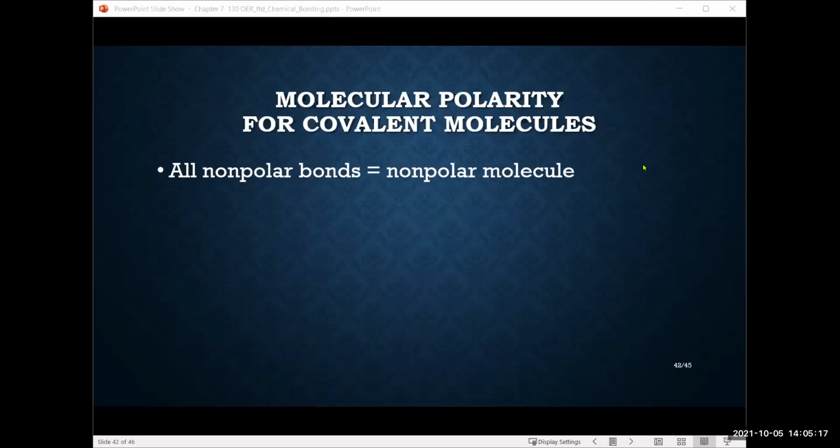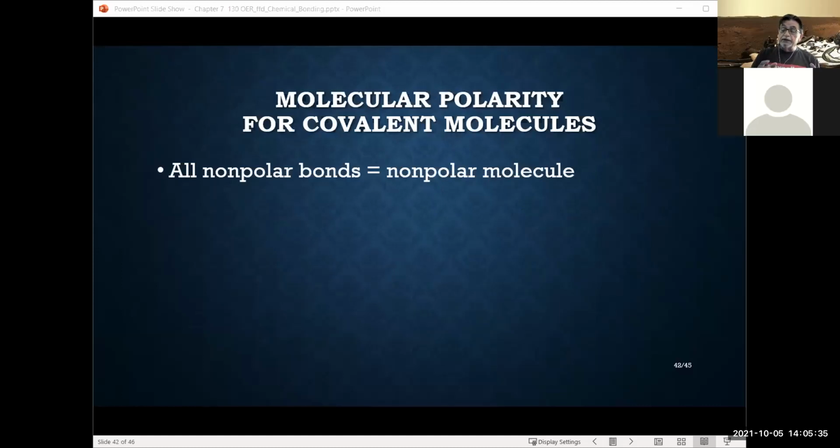One more, couple more. So right now, we've been talking about the bonds themselves. Now, let's expand it. Right now, talk about how the polar bonds affect the polarity of the overall molecule, okay?